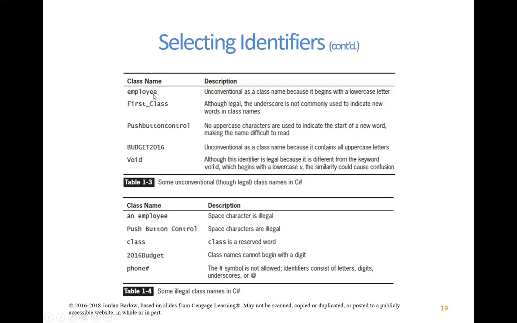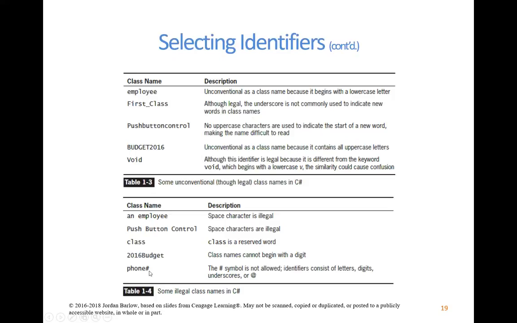Okay. Employee is not a conventional class name because it's not capitalized. First class is unconventional because it has an underscore, which is legal, but it's not common. Push button control is not conventional because you haven't capitalized the B and the C. All caps is not really a traditional way to name things. And void is a name that you cannot use because it is a reserved C# keyword.